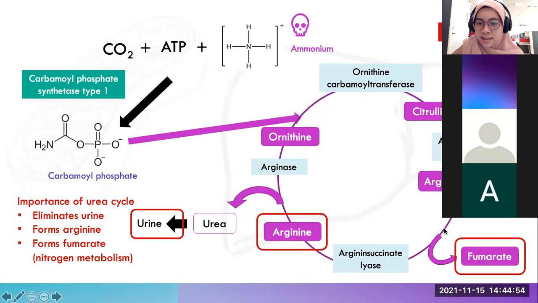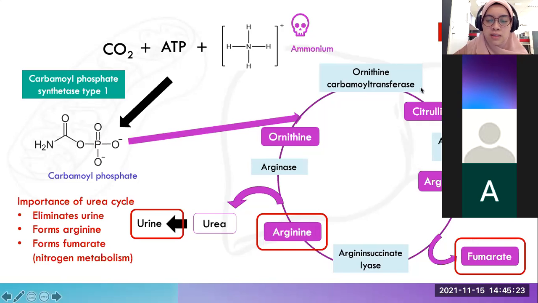Not directly, but these intermediates can be used, for example, in the Krebs cycle. For arginine over here, arginine can react with alpha ketoglutarate in the transamination process earlier. Then that transamination process can eventually form pyruvate, for example, or other intermediates that can be used in the Krebs cycle.